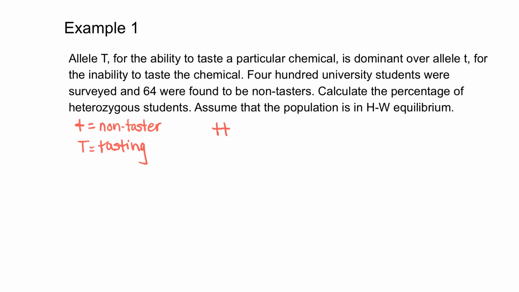So little t little t. And we know that the frequency of this genotype in the population can be calculated by taking 64 divided by 400. So in order to find little t little t, we need to take 64 divided by 400.